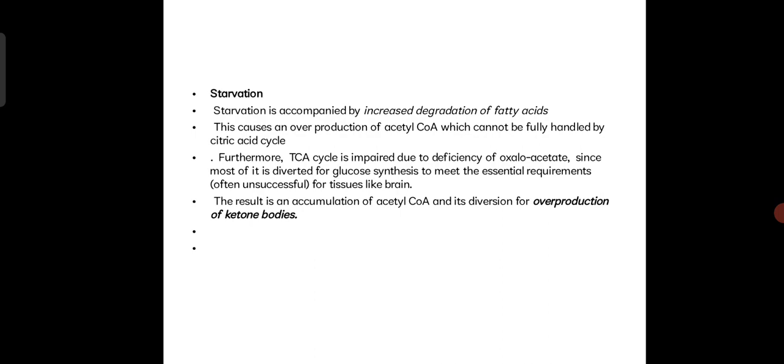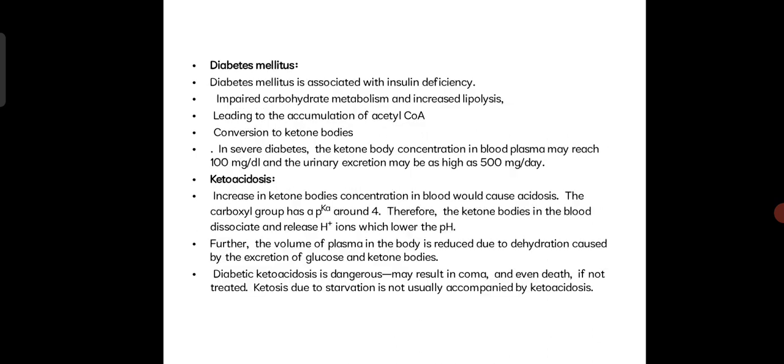When acetyl-CoA is getting more, oxaloacetate will be low in the citric acid cycle. So this results in glucose synthesis, and it helps in our daily needs. As a result, acetyl-CoA will get accumulated, and this results in more production of ketone bodies.